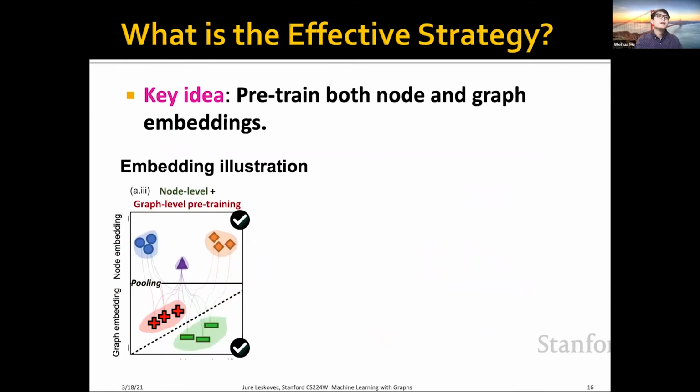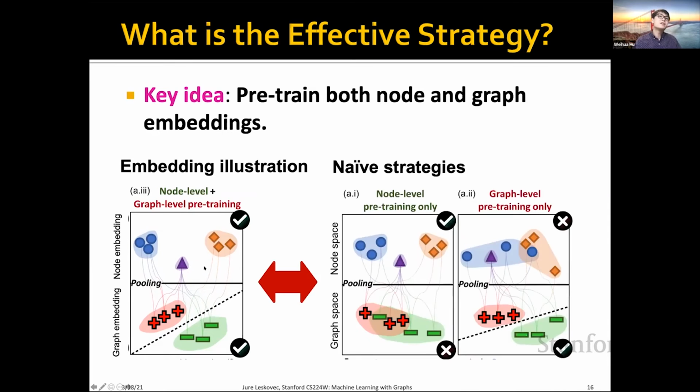The intuition behind this is shown in the figure: the upper side shows the node embeddings, and these node embeddings are pooled to generate the embedding of the graph. We want both the node embeddings and the graph embedding to be of high quality and capture the semantics. This is different from the naive pre-training strategy.